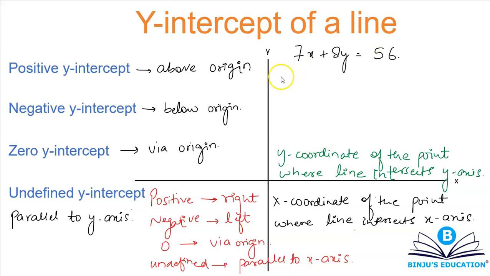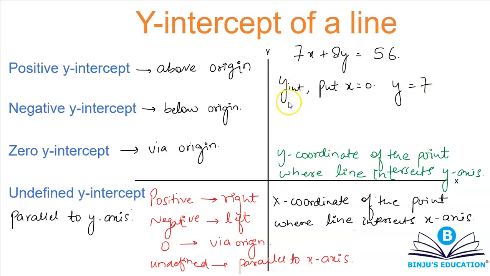In order to calculate the y-intercept, you simply put x equal to 0, because what is the y-intercept? It's simply the y-coordinate of the point where the line intersects the y-axis, and on the y-axis x is always equal to 0. So when x is equal to 0, you will get y equal to 7. So the y-intercept is 7.